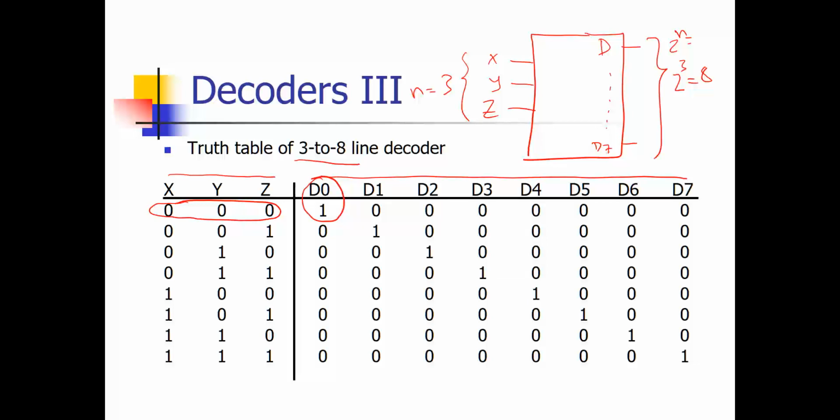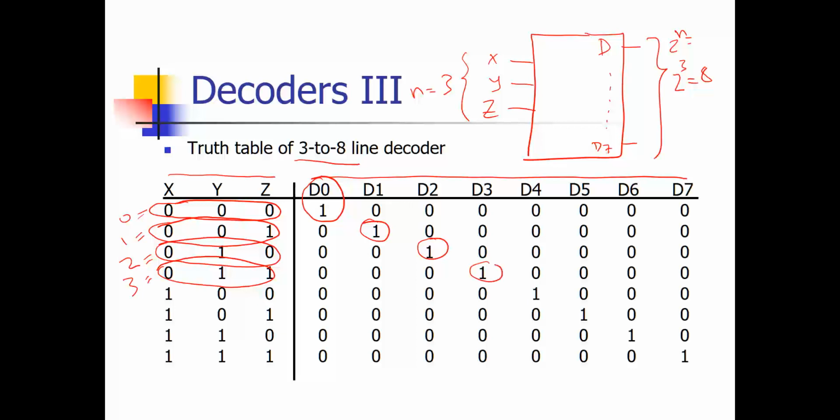Notice in my block diagrams, I had the D0 on the other side, doesn't matter really. When the binary value of x, y, and z equals 0, 0, 1, that is equal to 1, so now I activate D1. When x, y, and z equals 0, 1, 0, this is equal to 2, so I activate 2. 0, 1, 1 equals 3.